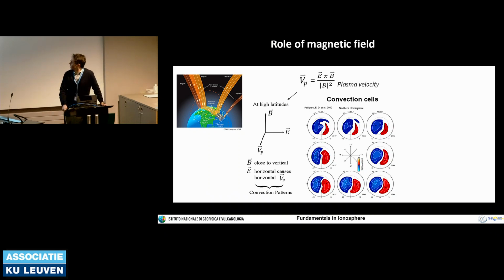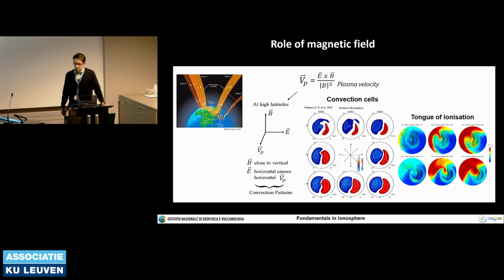This creates a movement of plasma across the convection cells, which is called the tongue of ionization, which is especially intensified during a geomagnetic storm, when you have entrance of particles from outer space, from the magnetosphere down to ionospheric altitudes.